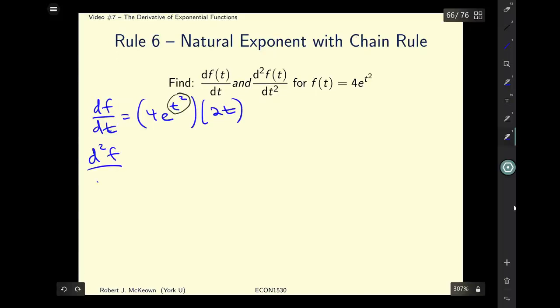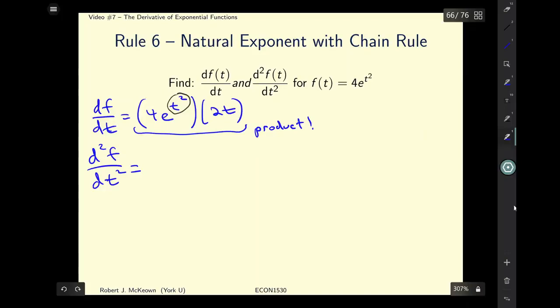Now, what about the second derivative? I want to take the derivative of the first derivative, I should say. And again, what have I got here? I've got a product.